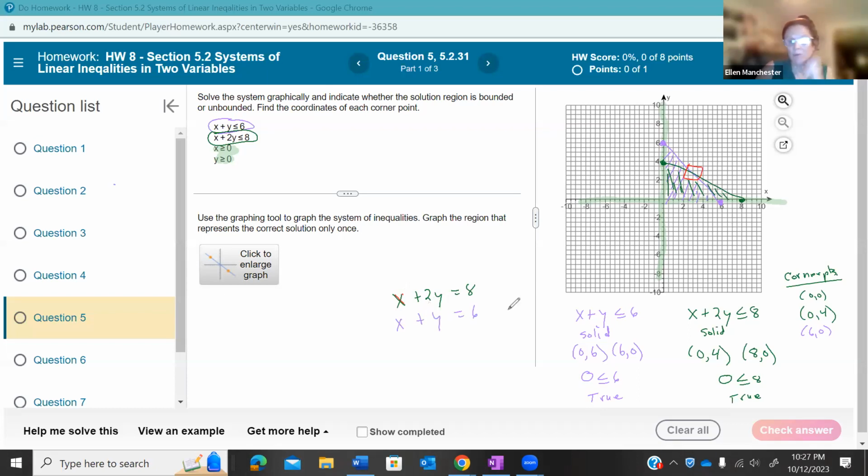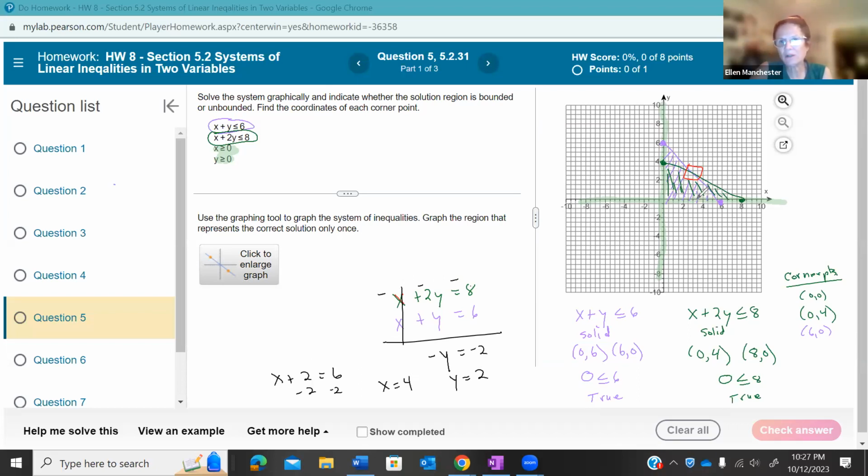Okay, so now I'm going to multiply a negative through so I can get rid of my x's. Negative 2y plus y is negative y. Negative 8 plus 6 is negative 2. So my y equals 2. And now I'm going to figure out what my x is. So my x equals 4.